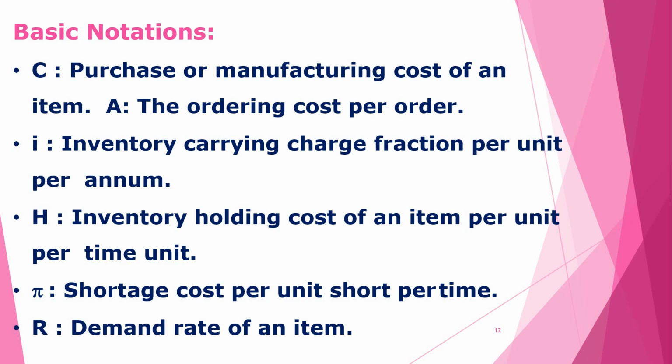Small i is the inventory carrying charge fraction per unit per annum. Small h is the inventory holding cost of an item per unit per time unit. Pi we will denote for shortage cost per unit per time, and R will be labeled for the demand rate of an item.